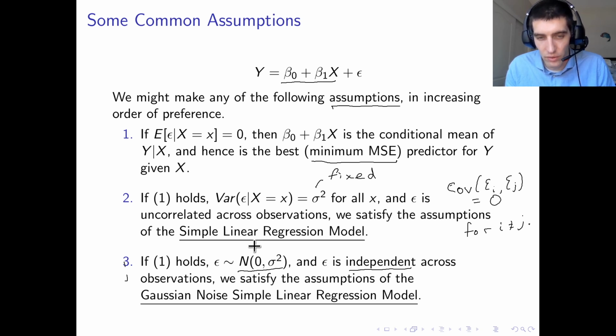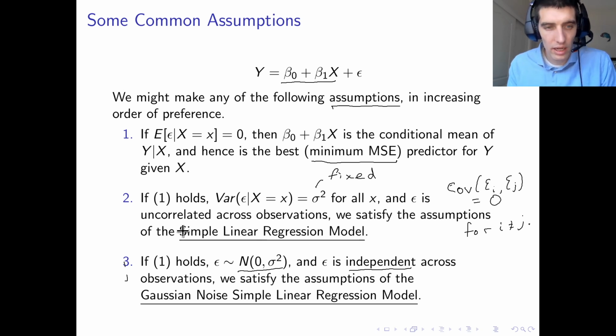So in the case of normal epsilons, this uncorrelated condition gives us independence, but we'll be more explicit and say we assume independence. We could write uncorrelated here, and because the epsilons are normal, these are equivalent, but we just write independent.